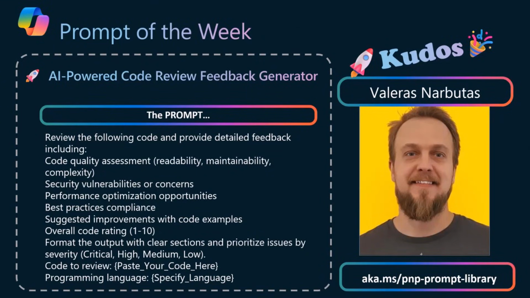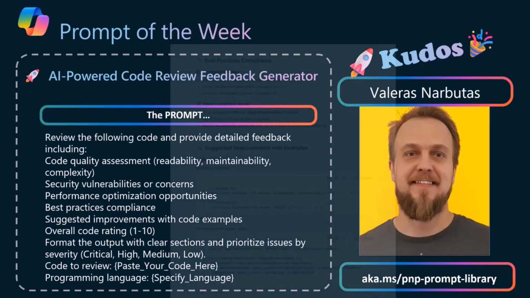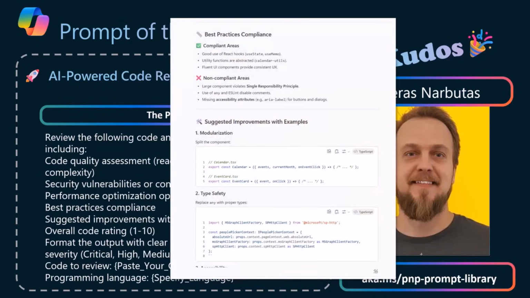When you run the prompt with the code, you actually get a nice result on what the LLM and AI thinks about the code you're sharing, and how it could be further improved, for example, using this example here. Really good example. Thank you, Valeras, for sharing that prompt, and how you can use Copilot efficiently in your day-to-day work.